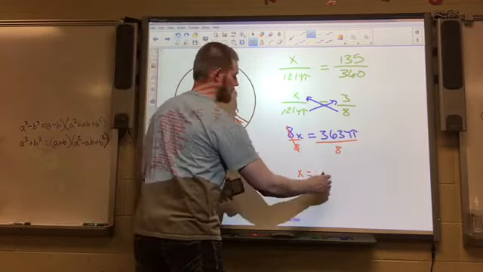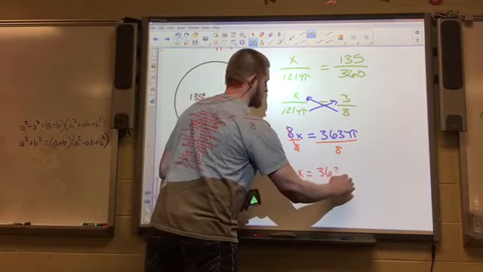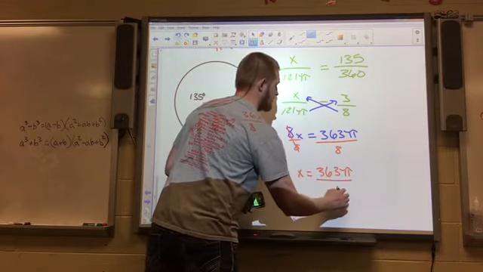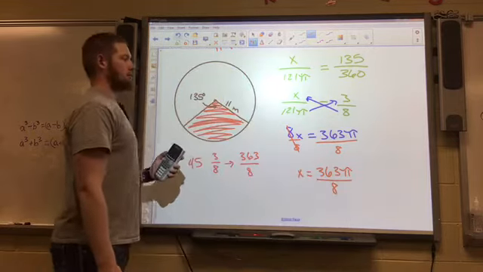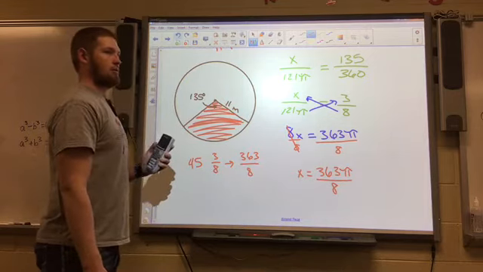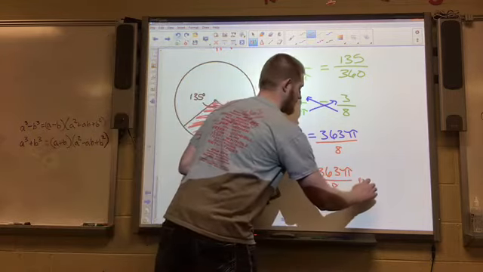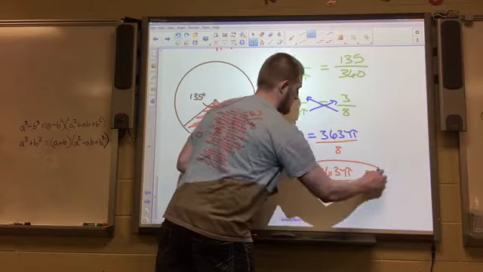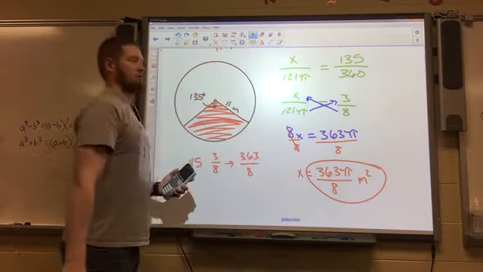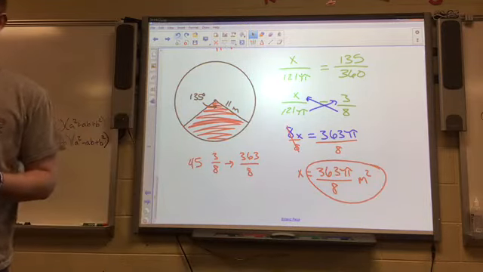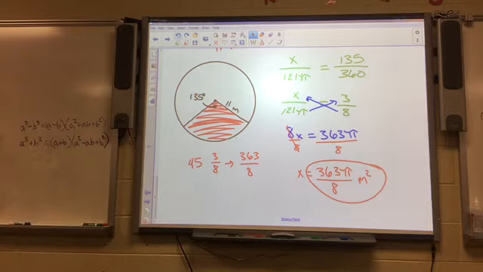No. So my final answer is 363 pi over 8, label, meters squared, because I did find area. Okay. If you have more questions about those type of fraction things on your calculator, let me know.